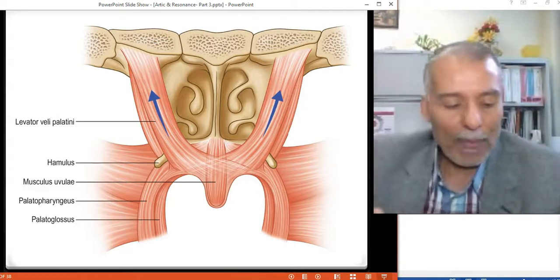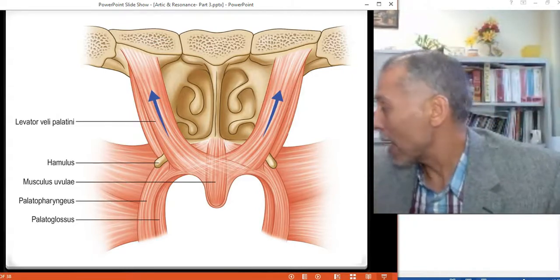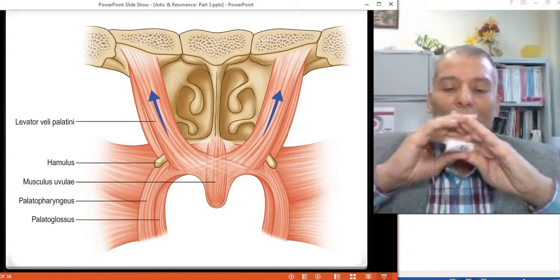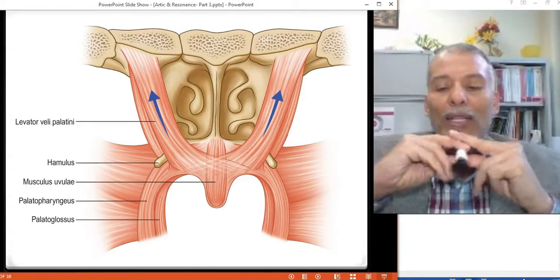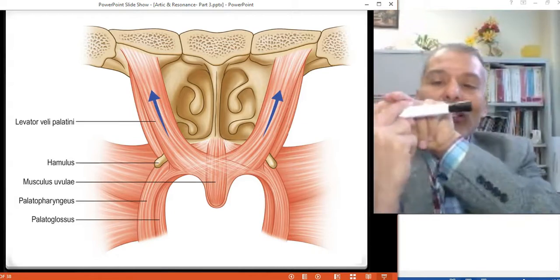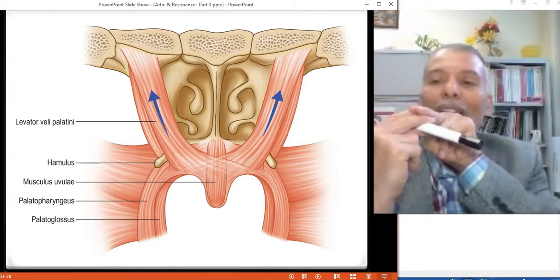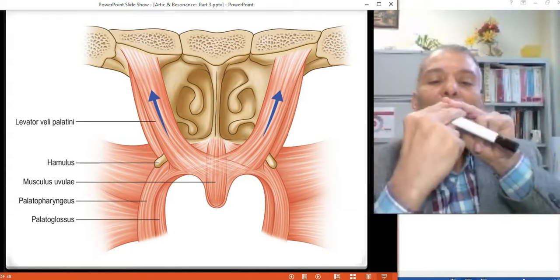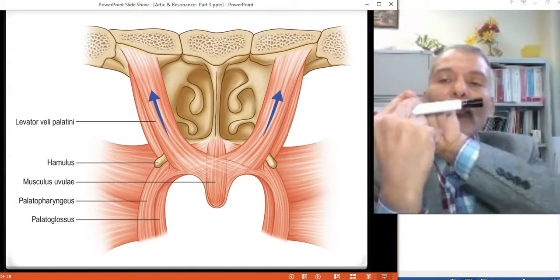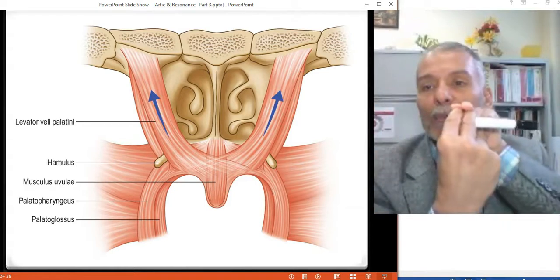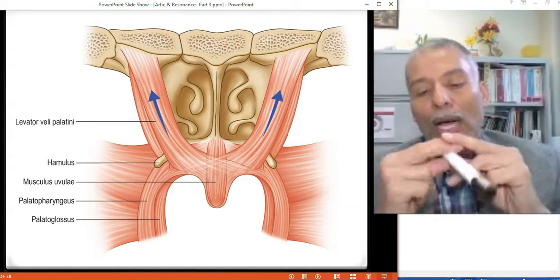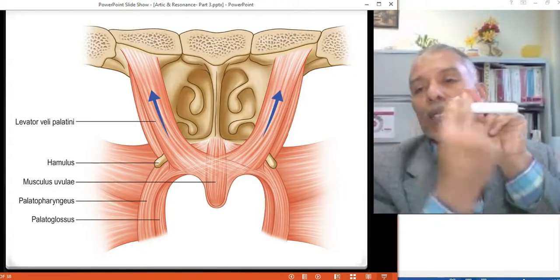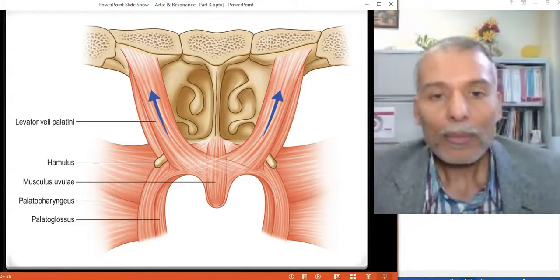And this way you can imagine now that if I am making a tunnel like this around the structure, I can now provide support. I can now contribute even to lifting it up or bringing it down, so I can support the muscle from the origin here by simply having this, or how the palatal aponeurosis goes above and below and connects around it.